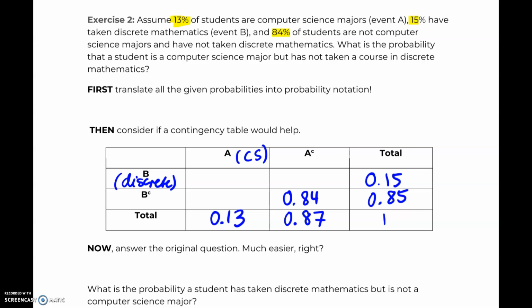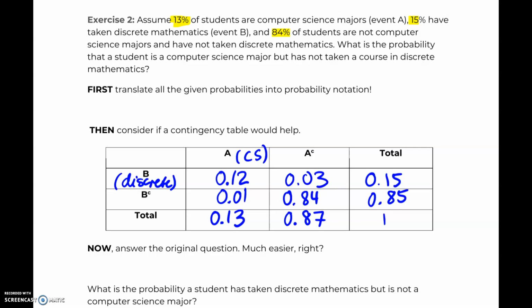Then we fill in all the other ones. If this is 0.84 and the one next to it is 0.85, we just have another 0.01 over here, which gives us 0.12 over here and 0.03 over there.